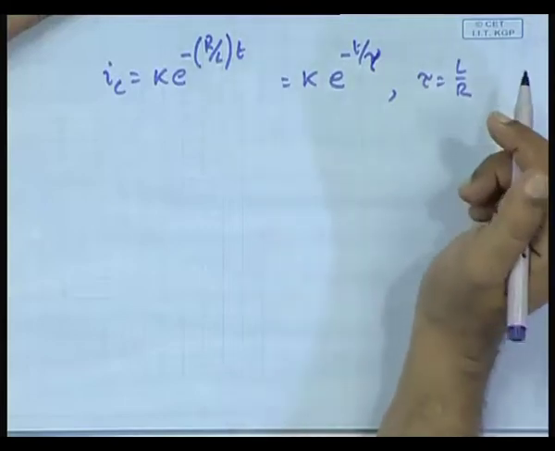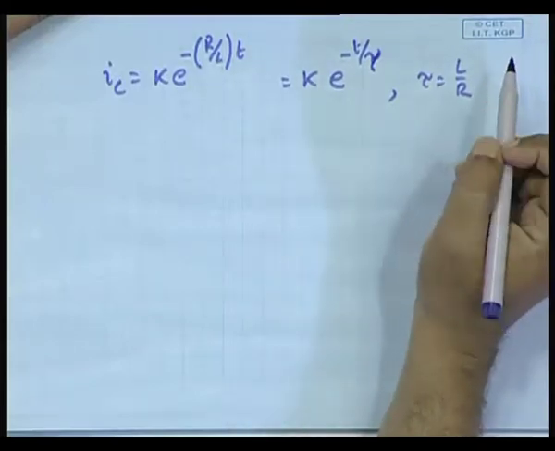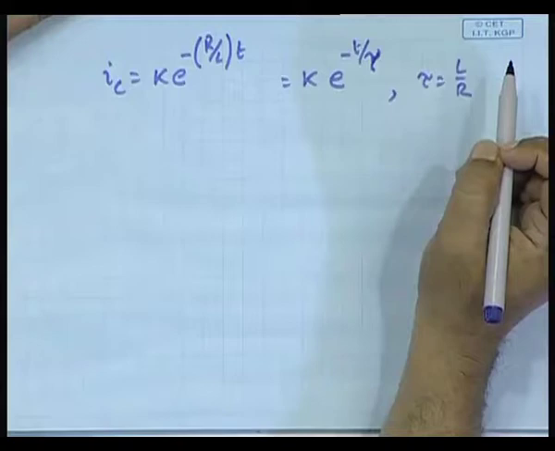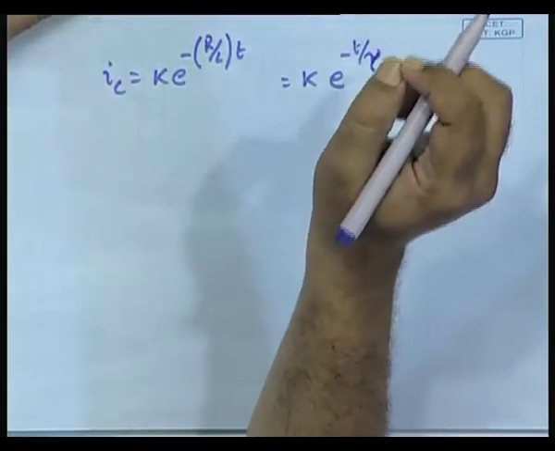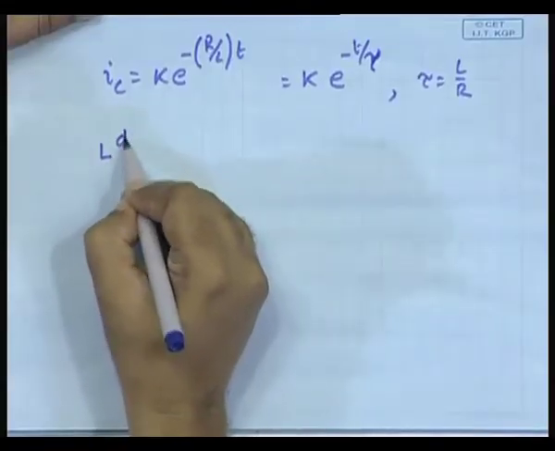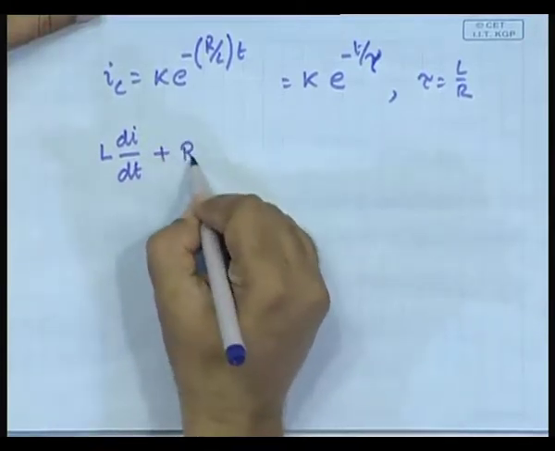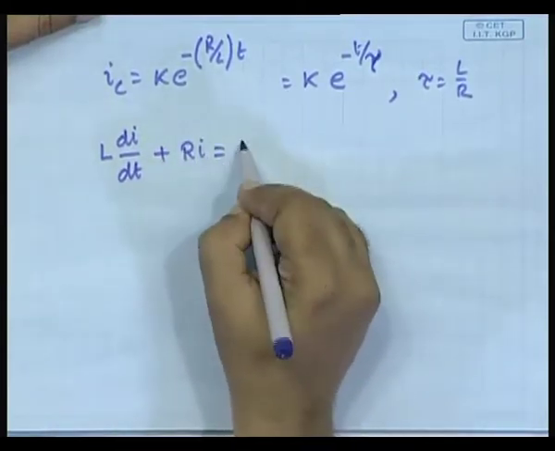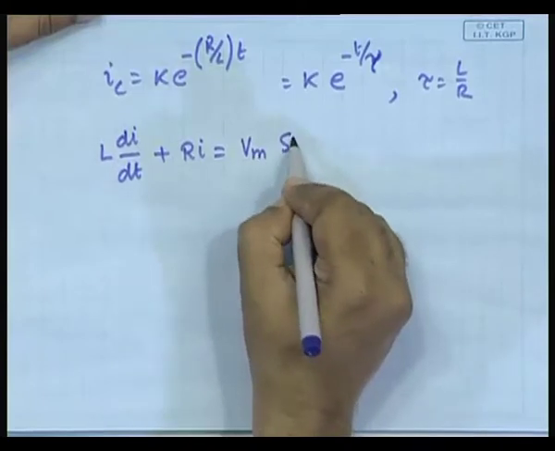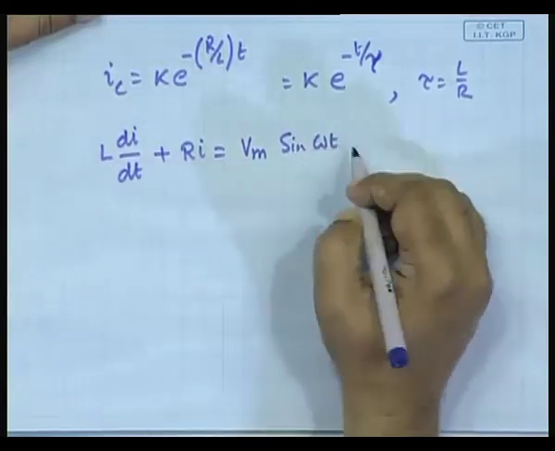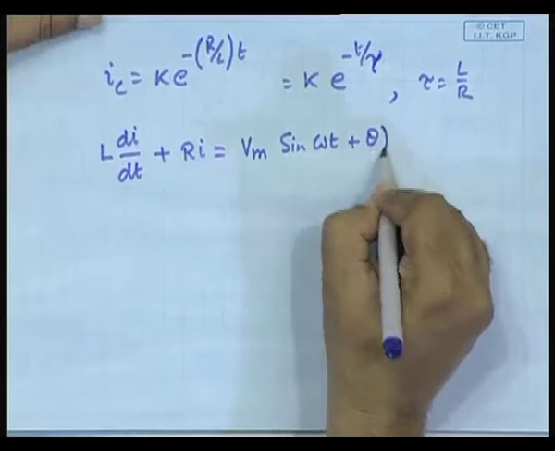Now suppose the sinusoid starts with some phase. If the sinusoid starts with some phase, it will be L dI/dt plus R I is equal to, then we will have to write, V m sin omega t plus some theta.